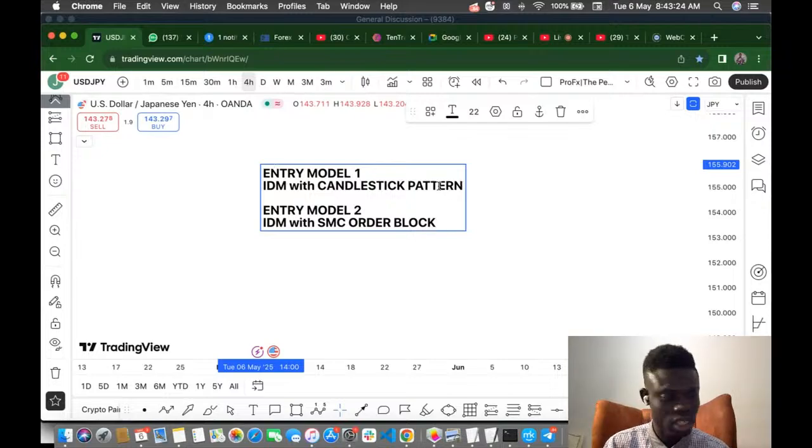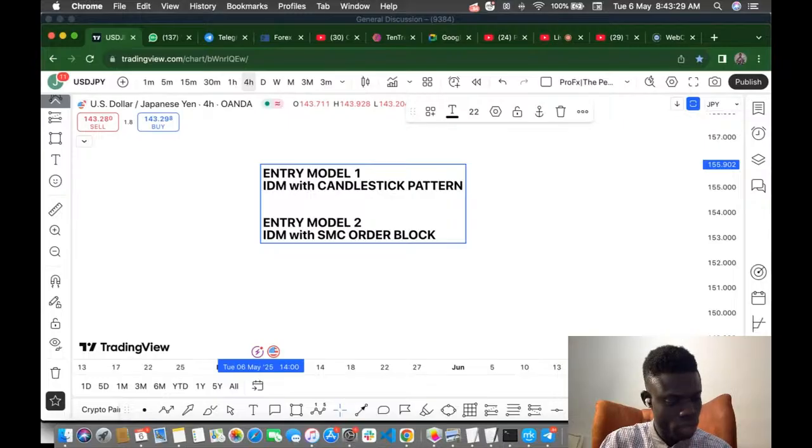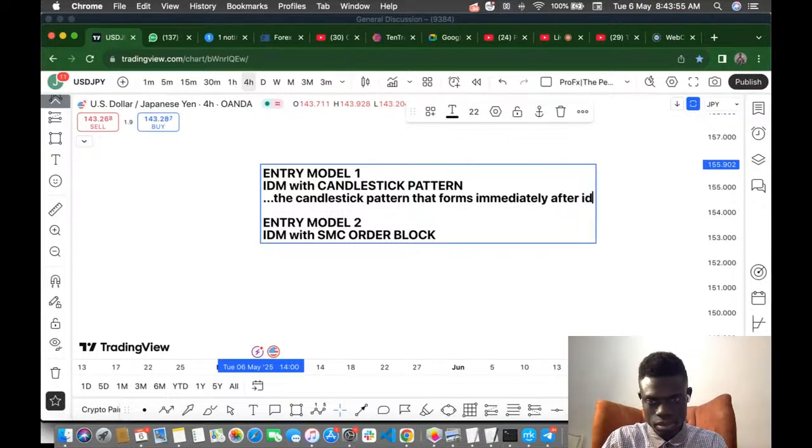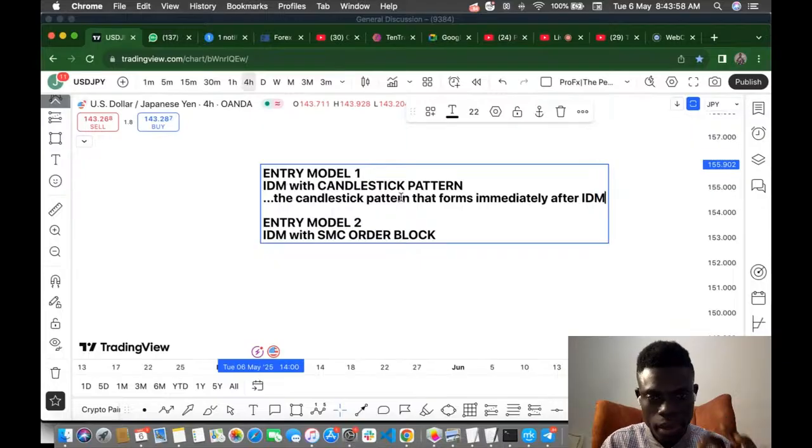So for this first one, it is the candlestick pattern that forms immediately afterwards, after IDM. The candlestick pattern that forms immediately after IDM.